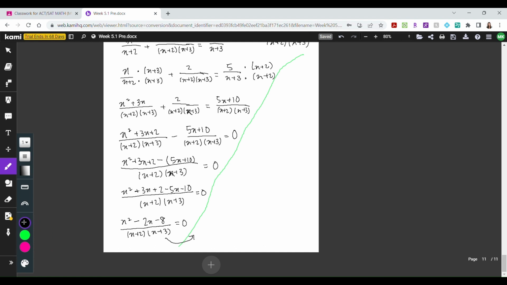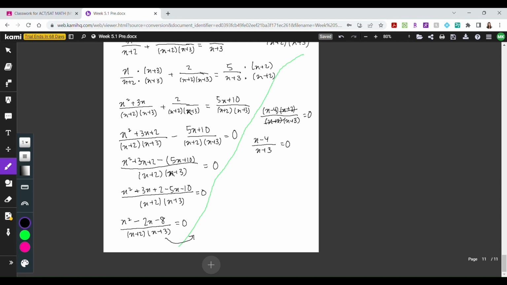Once I factor it, which I already did for you, I get x minus 4 times x plus 2 over x plus 2 times x plus 3 equals 0. Oh look, x plus 2 and x plus 2 can cancel each other out, which gives me x minus 4 over x plus 3 equals 0.